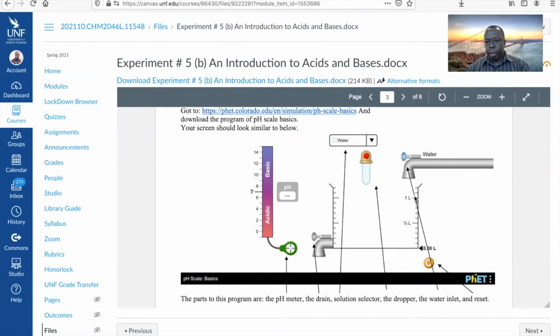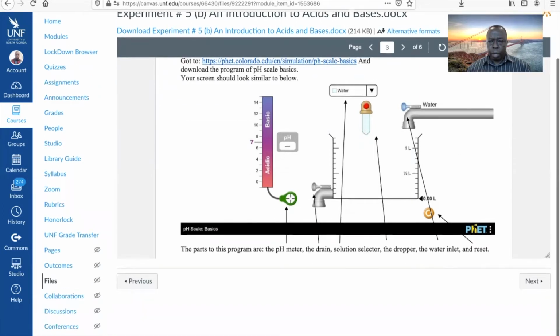This is the calibration of the container. Each subdivision represents 0.1. For example, here 0.1, 0.2, 0.3, 0.4, 0.5, all the way to 1 liter. Let's read the directions here for part one.